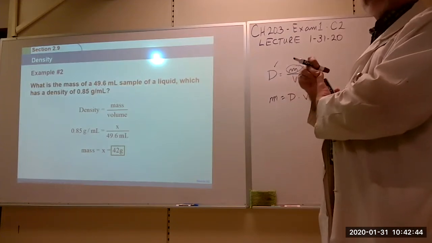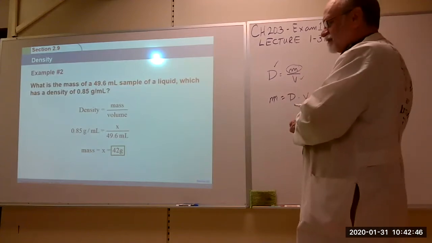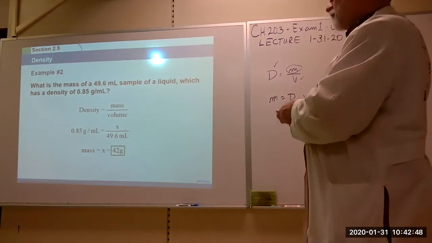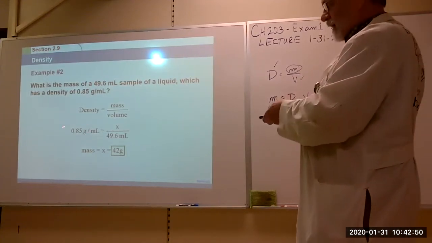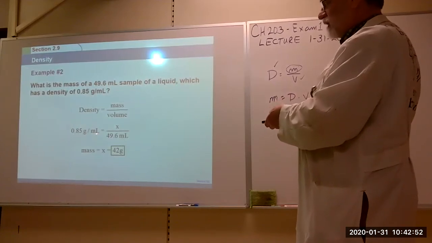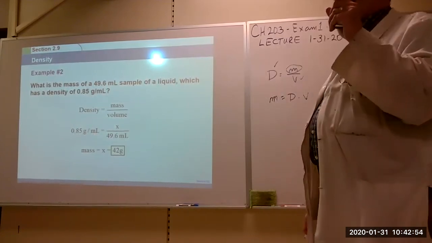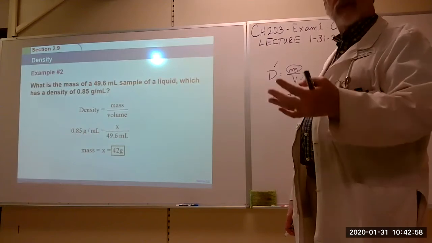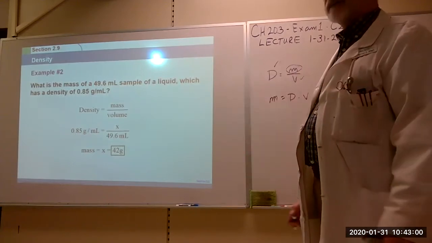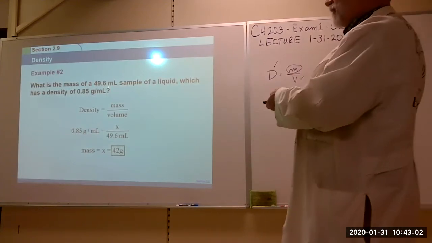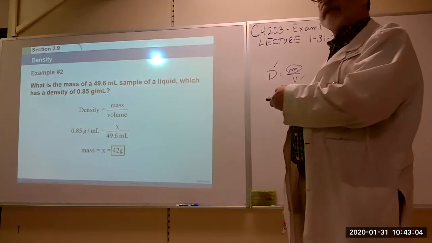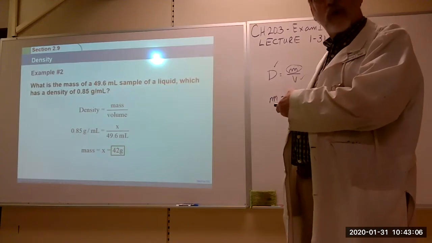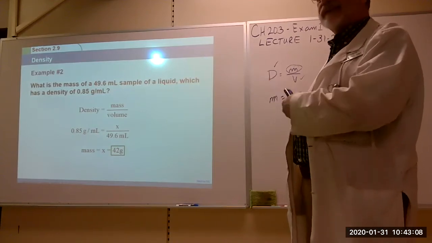So that mineral will float in mercury. So if its density is less than 1, it will float, assuming it doesn't mix with the water. Is it soluble in the water? Then you got another problem. But if the liquid is hydrophobic, that is, it hates water, like oil, it'll float.